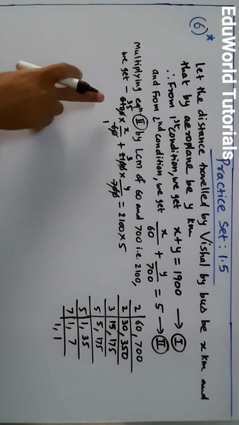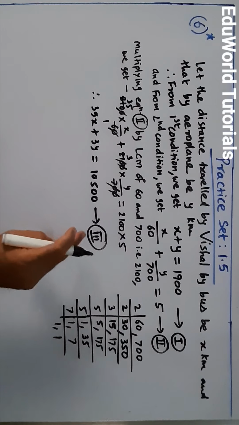Students, I have shown the working. Multiply the second equation by the LCM of 60 and 700, that is 2100. So I get the equation 35x plus 3y is equal to 2100 into 5, which is 10500. This is the new equation, equation number 3.